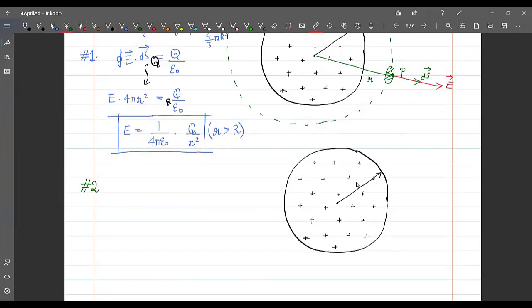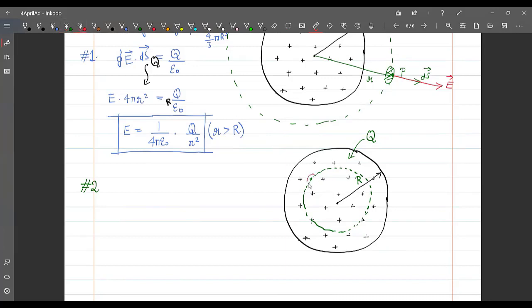This is your charged sphere, of capital radius R, and charge on this is Q. And I will draw a Gaussian sphere. I want to find the electric field, let us say somewhere at this point. So my Gaussian sphere will be a sphere inside the charged sphere.